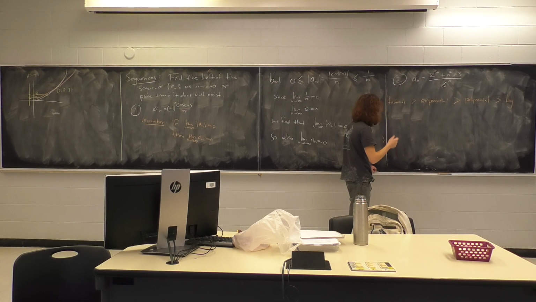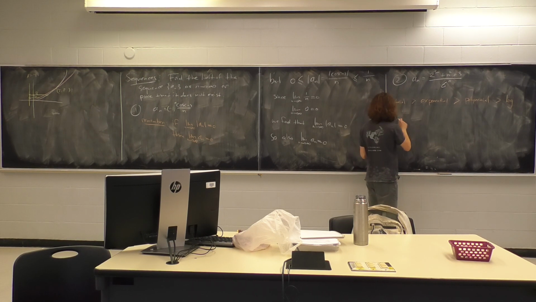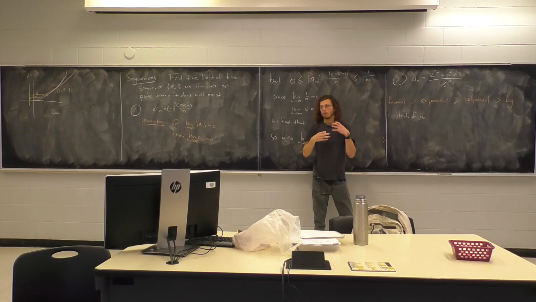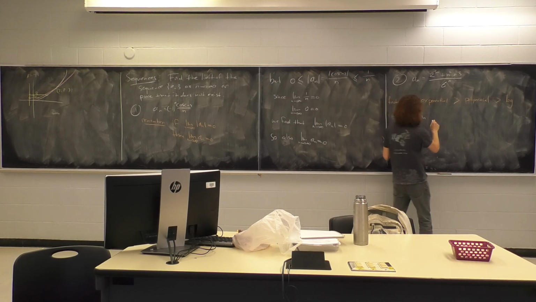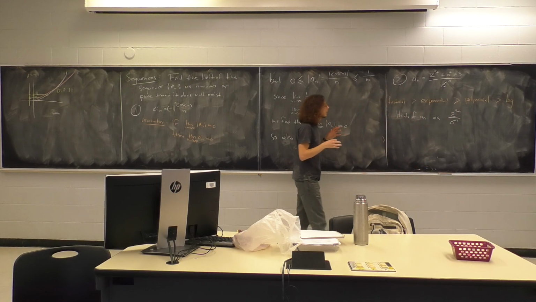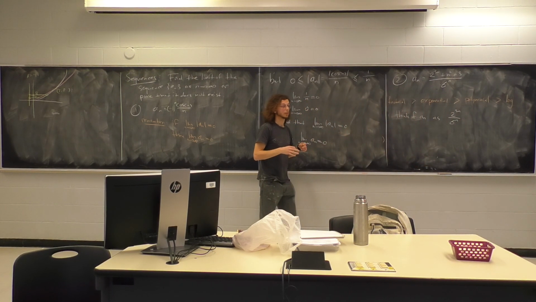So then I want to think of this a_n. This is very informal. This is just to make you realize what direction you should be heading. Think of a_n as 2 to the power 3n over 6 to the power n. I'm just deleting everything that's less dominating.